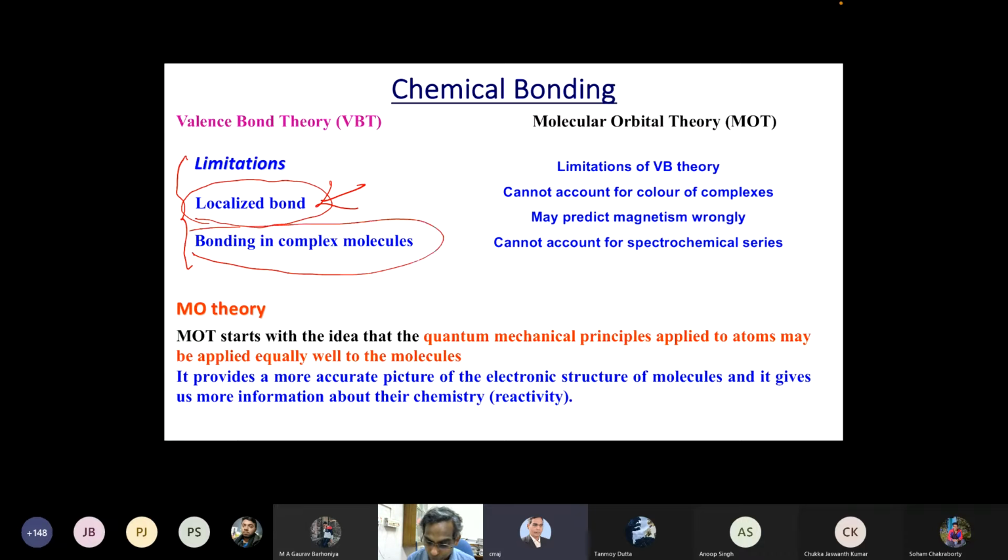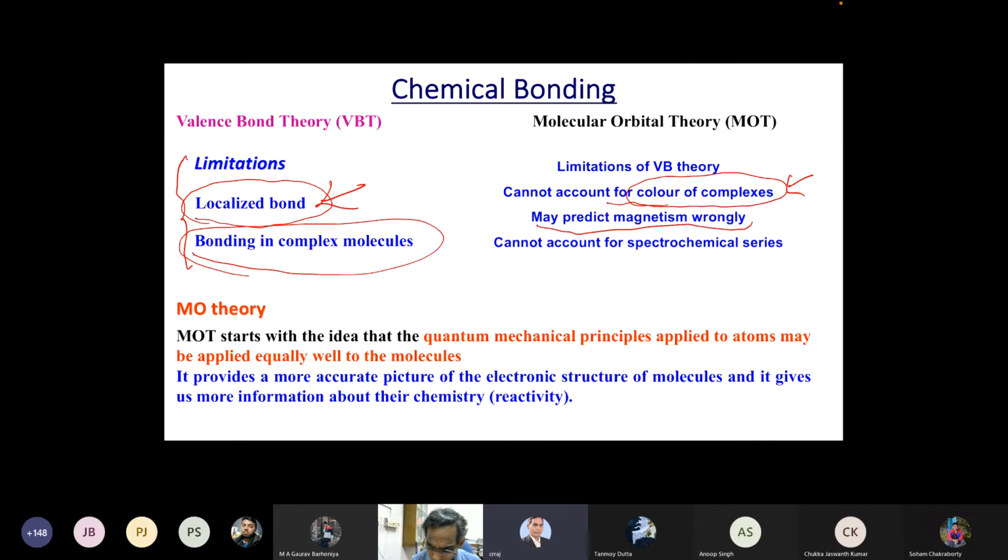For example, number one, it cannot account for the colors of the complex. Valence bond theory cannot explain the color of inorganic complexes. Again, don't make a mistake, I'm talking purely in terms of inorganic chemistry. Valence bond theory is well and good to explain bonding in organic molecules, not in inorganic complexes.